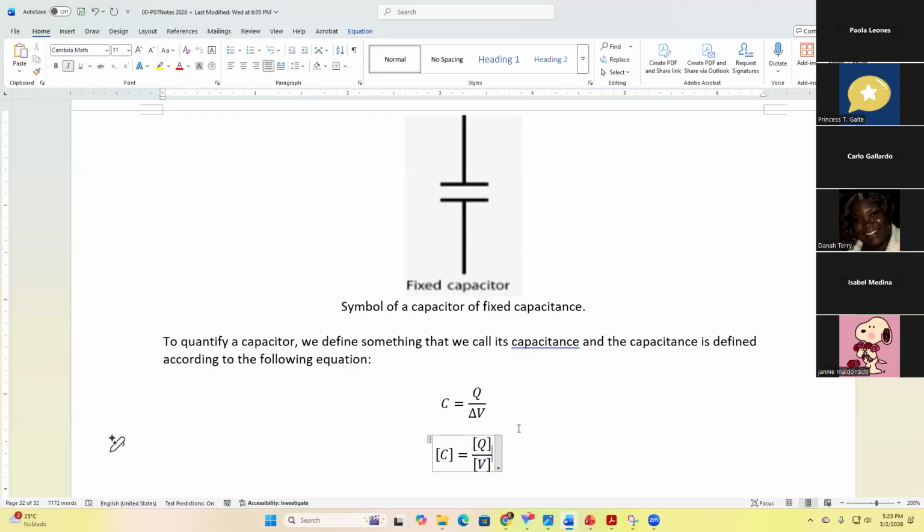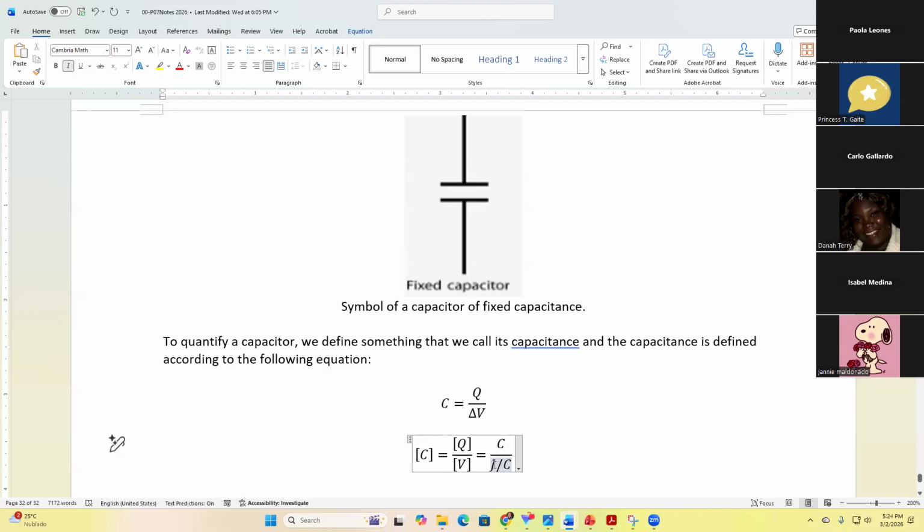The unit of the electric charge is the Coulomb, and the unit of the voltage, I didn't discuss that before, right? Remember how the voltage is defined? The electric potential difference is the electric potential energy divided by the amount of charge.